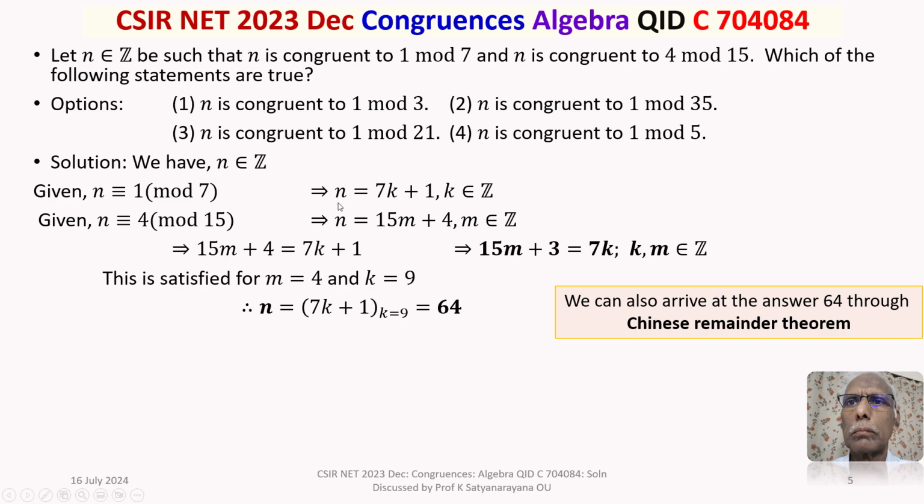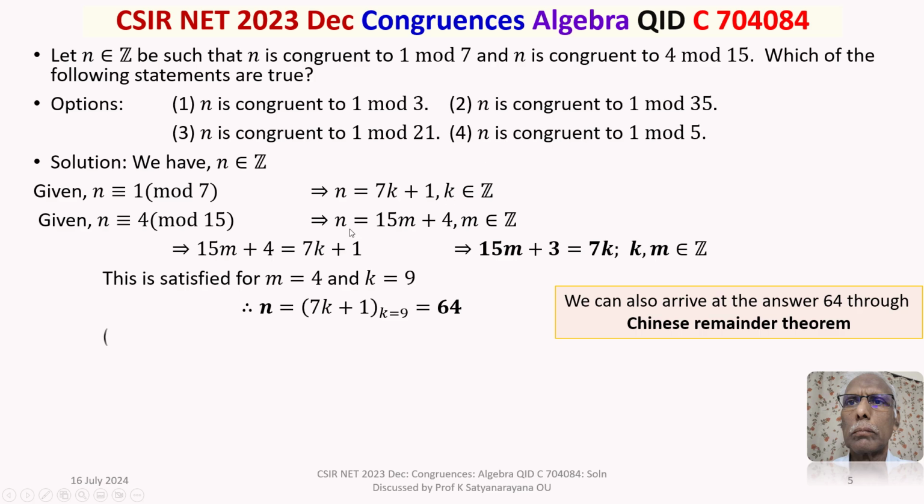For n equal to 64, n minus 1 is 63. Then you have to see whether 3 divides 63. Correct, option 1 is true. 35 does not divide 63, so option 2 is false. 21 divides 63, so option 3 is true. And 5 does not divide 63, so option 4 is not true.